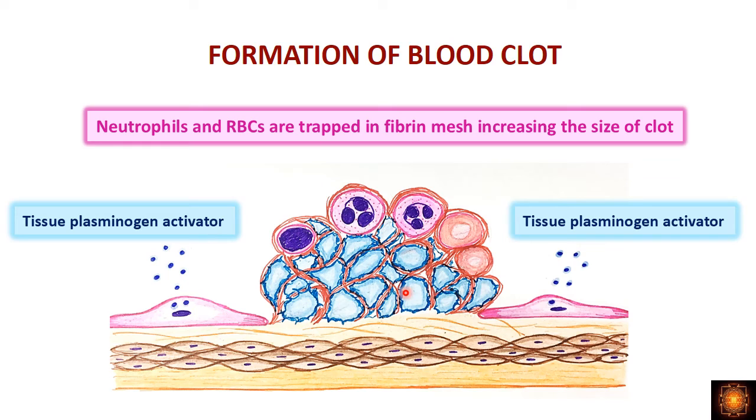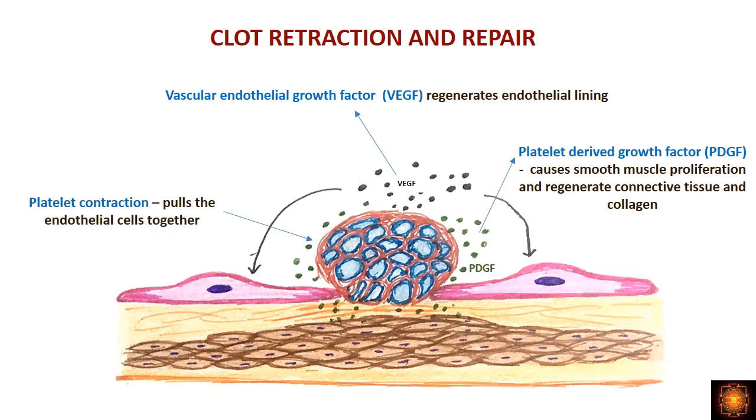So to prevent that, we have our own inner controlling mechanism. So once the clot is formed, we have the release of the tissue plasminogen activator from the adjacent endothelial cells. Okay, that was the step for the formation of the clot.